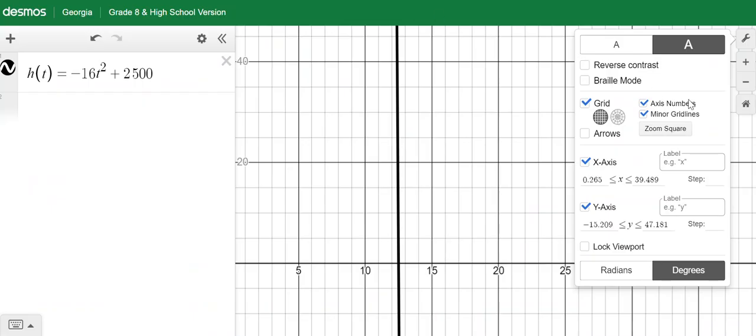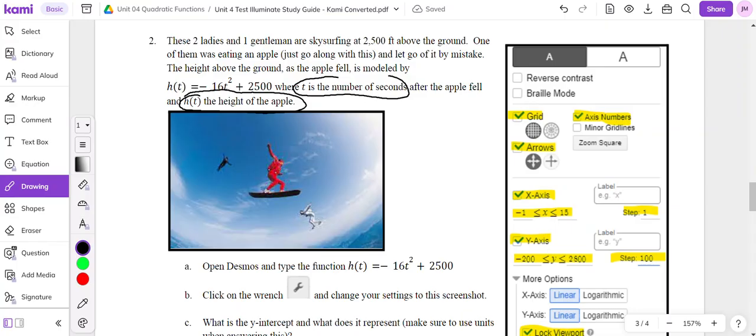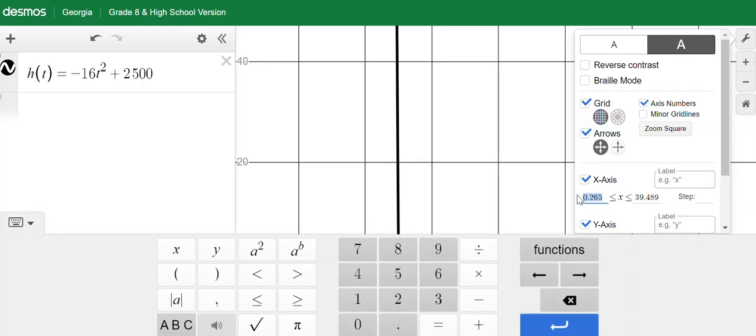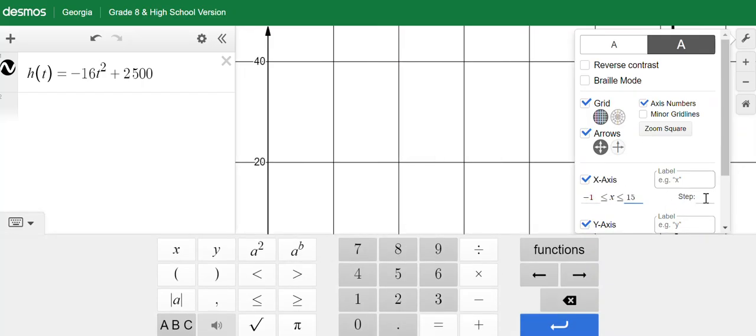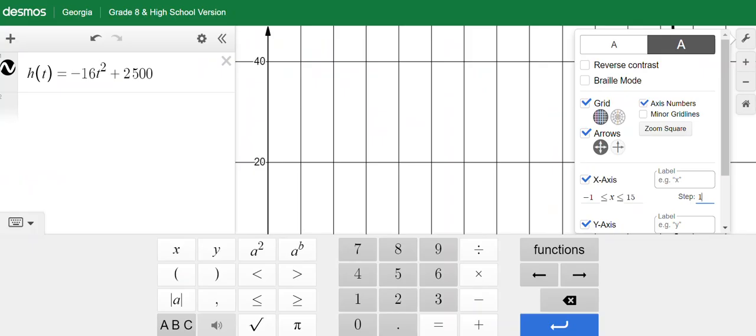Okay. No minor outlines, arrows. Okay. Negative 1 to 15. Step 1. And negative 200, 2,800, step 100.